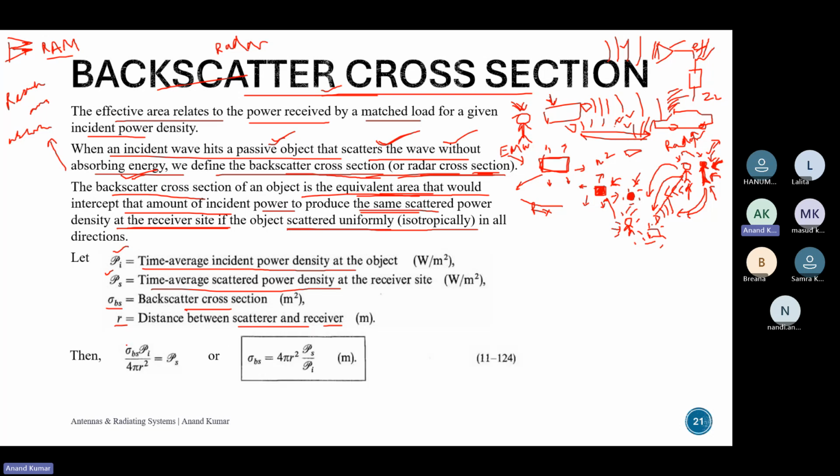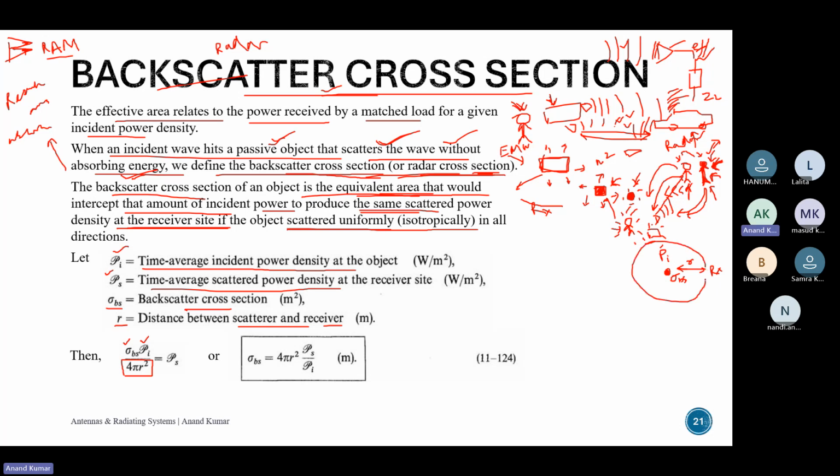So this means that the radar cross section into the incident power divided by the surface area around towards the receiver. So there is this scattering object, and then we have the receiver over here. So we had some incident power. This scatterer has a radar cross section of sigma bs, and then we have this distance r between the receiver and the scatterer.